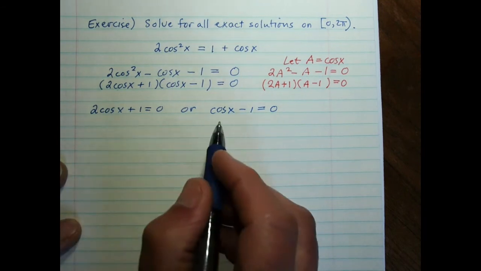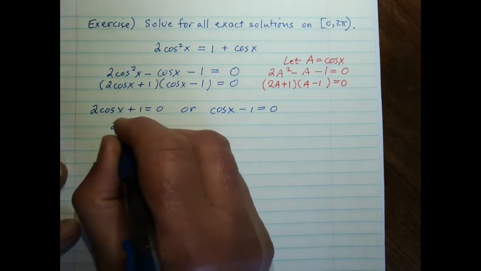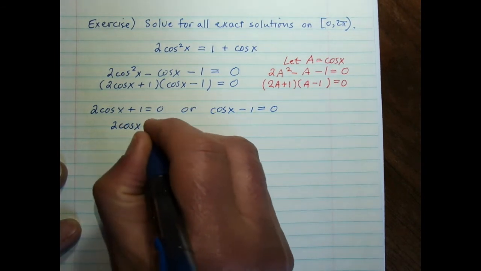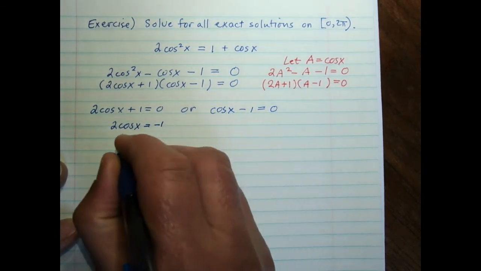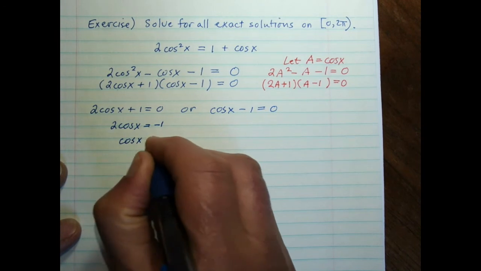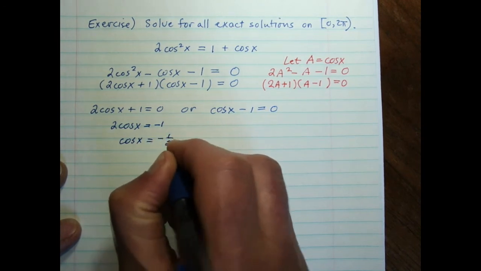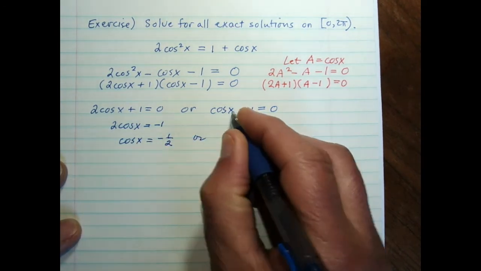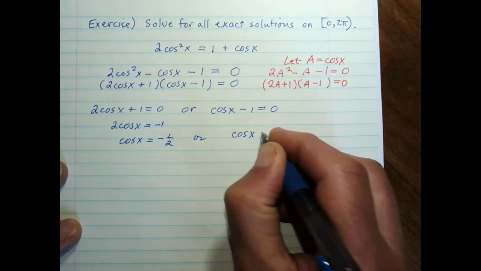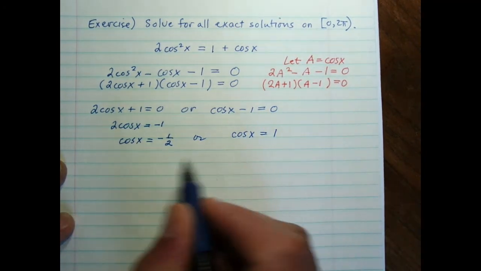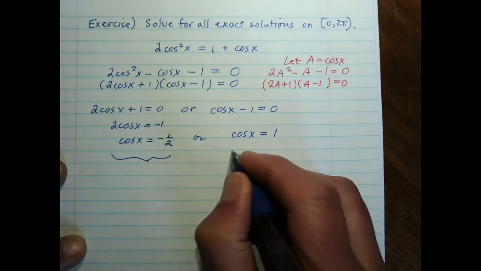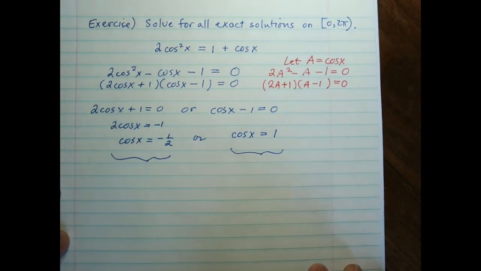And then in each one of these, I want to isolate the trig function. 2 cosine x is negative 1. So here cosine x is negative a half. Or over here, cosine x is positive 1.